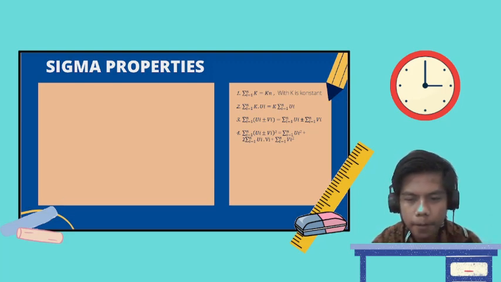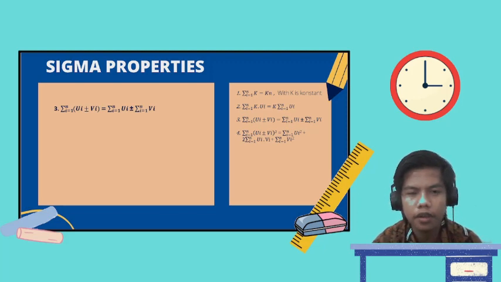Next is property number 3. It says sigma i equals 1 to n of (ui plus or minus vi) equals sigma i equals 1 to n of ui plus or minus sigma i equals 1 to n of vi.